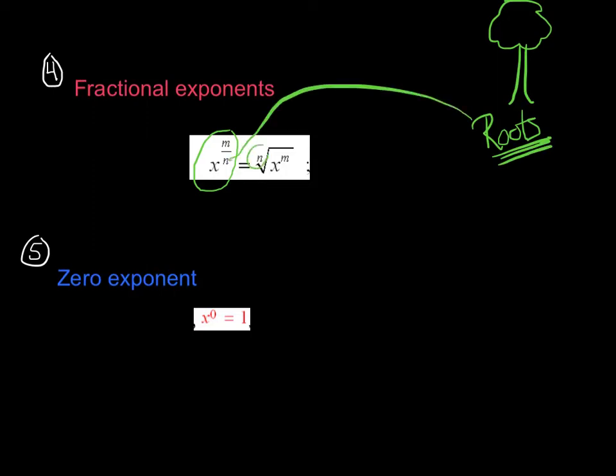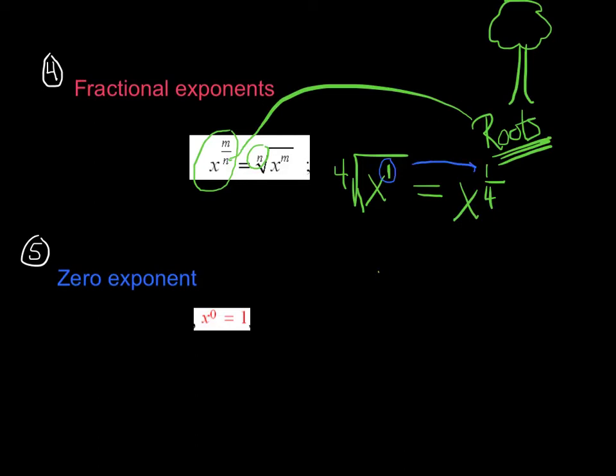So this is the name of the root. That number goes on the bottom of my fractional exponent. So if I said the fourth root of x, I would say that's equivalent to x to the 1/4, because the 4 goes on the bottom, that's the root, and of course this exponent is a 1. The other way to think about it is the exponent here is always going to be on top.